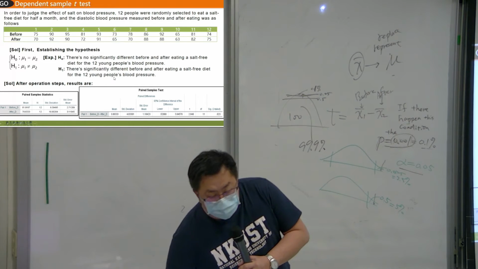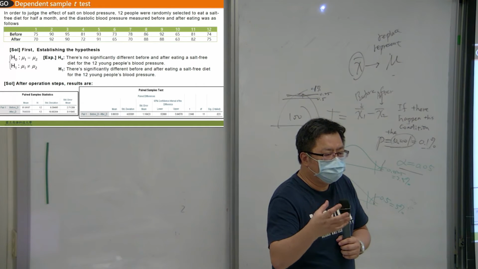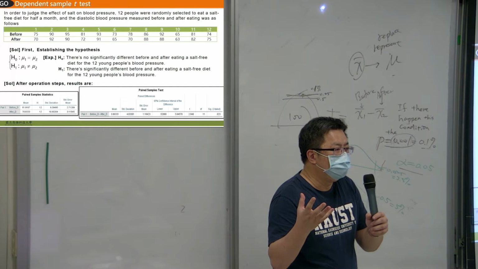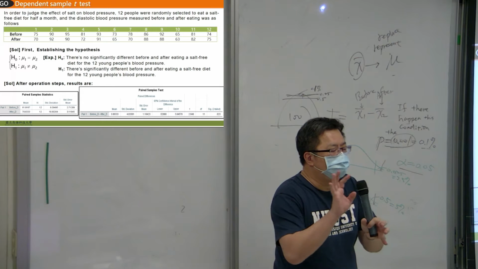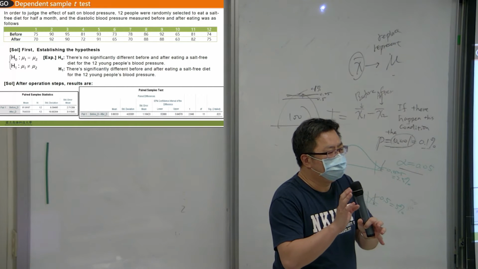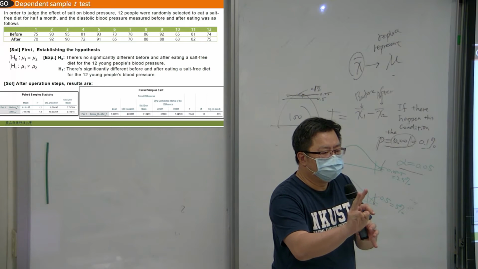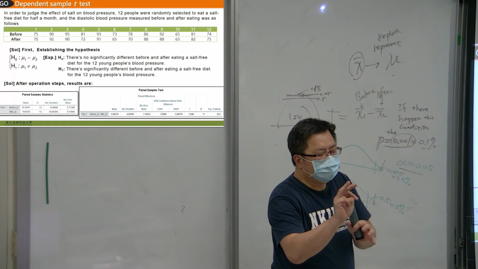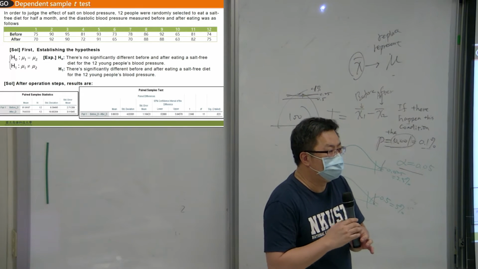Okay. Up to now, we have just mentioned that if you want to compare two means from two populations, you have to use the t-test. And the t-test includes three conditions: one sample t-test, independent sample, and dependent sample, okay?